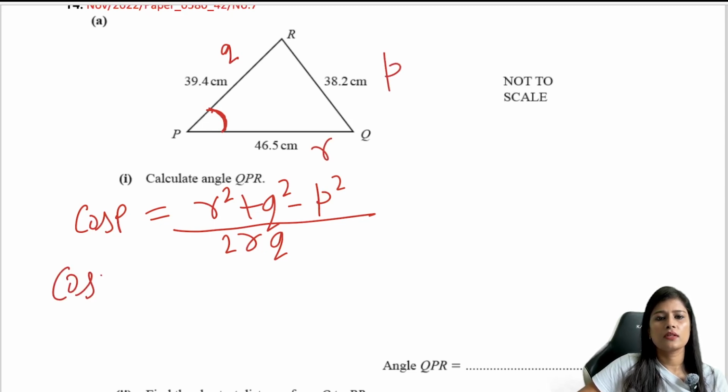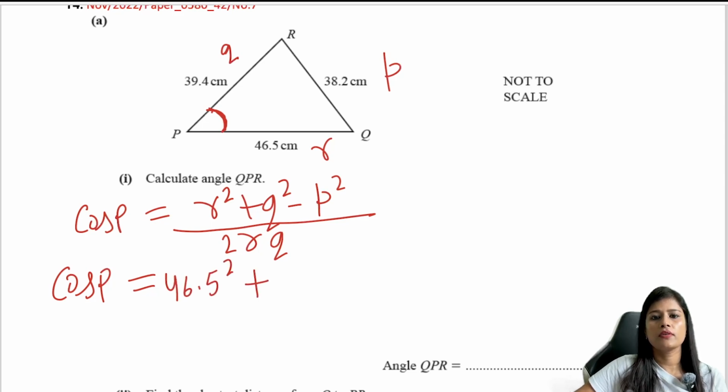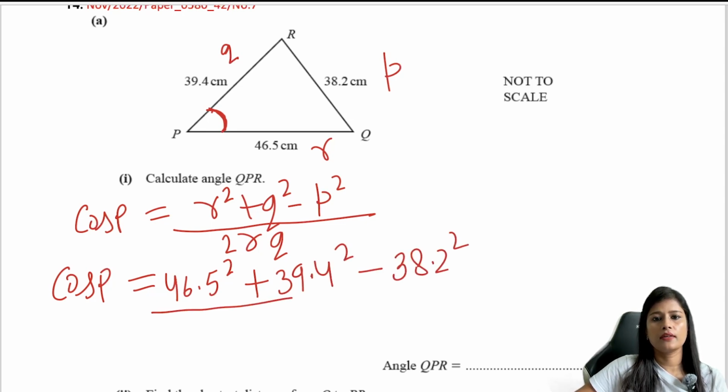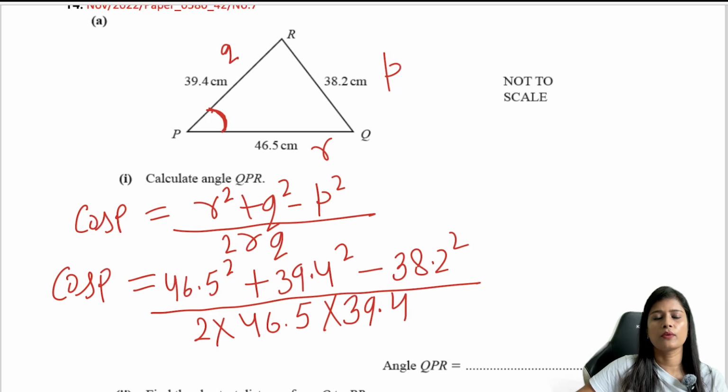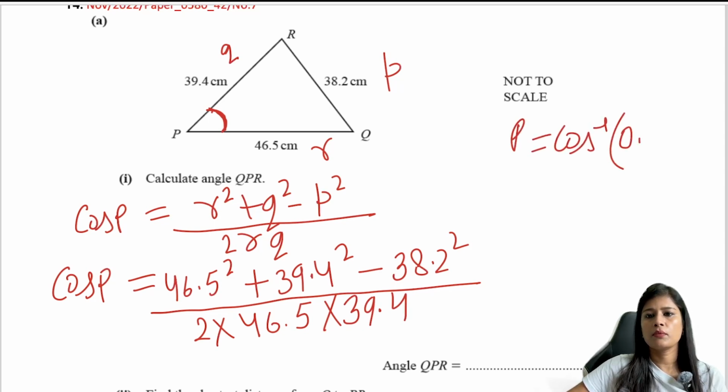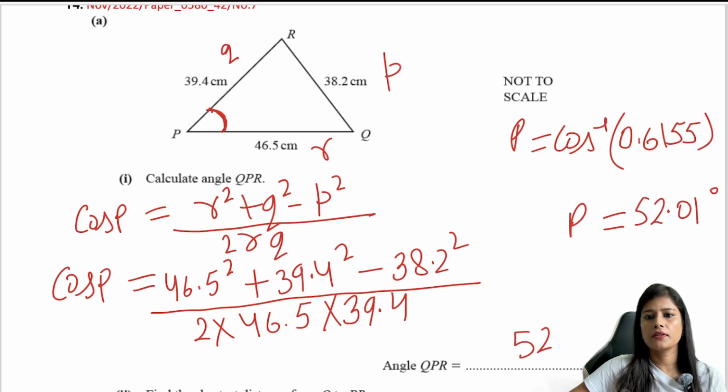So cos P is r, which is 46.5 square, q, which is 39.4 square, and p 38.2 square, divided by 2 times 46.5 times 39.4. So P will be cos inverse 0.6155, 52.01 degree, or nearly 52 degree.